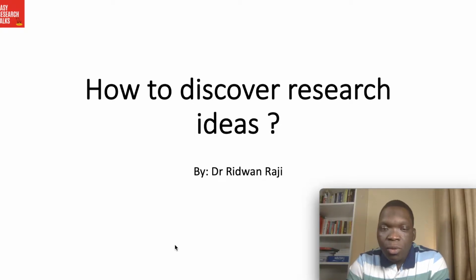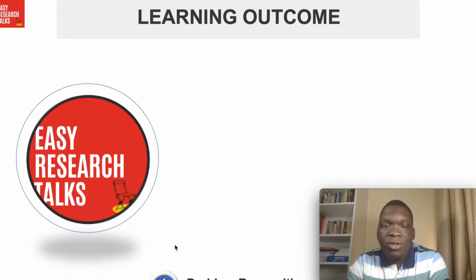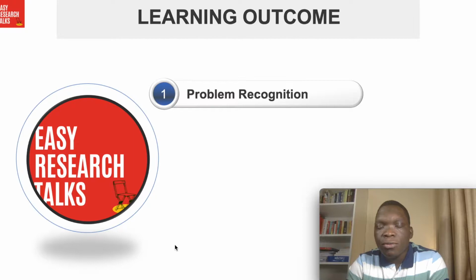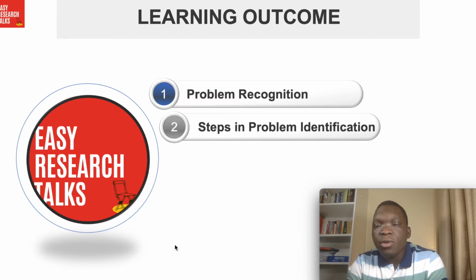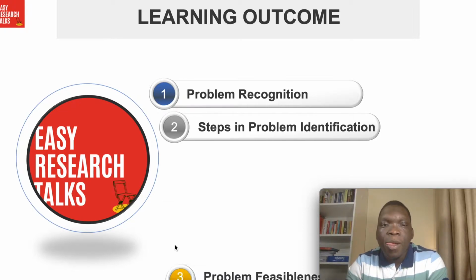So, what we are going to be doing specifically today is to explore ways in which you can come about discovering your research problem. How do you recognize quality research problem? Secondly, we will take you through the steps by steps of how you can identify the problem to solve academically.